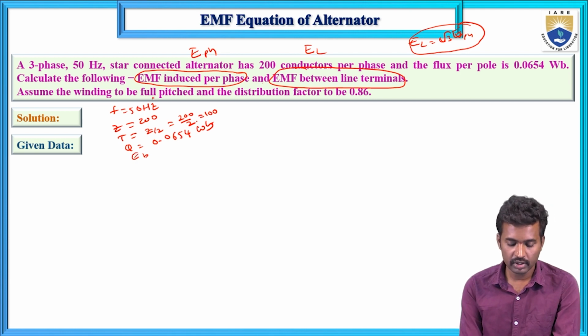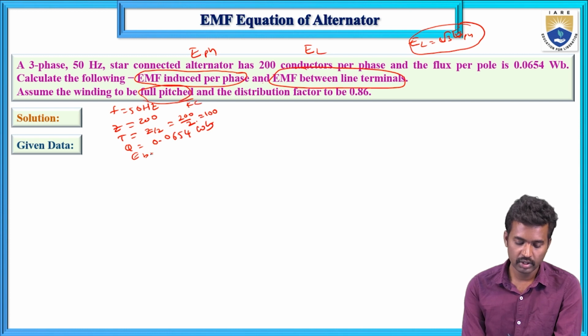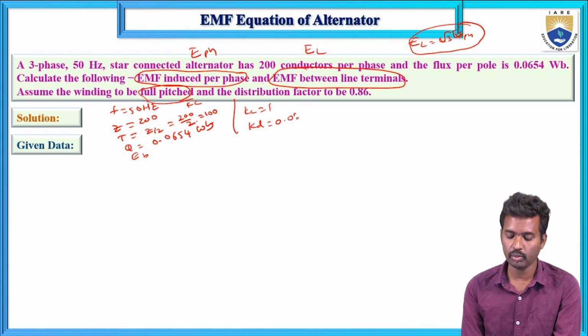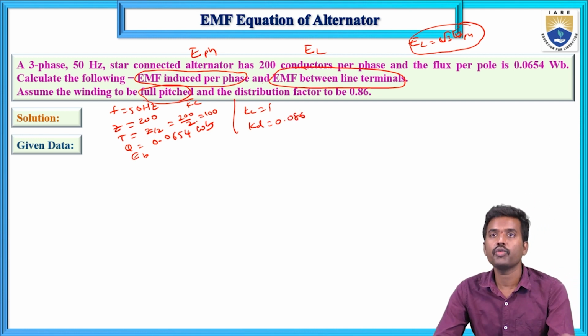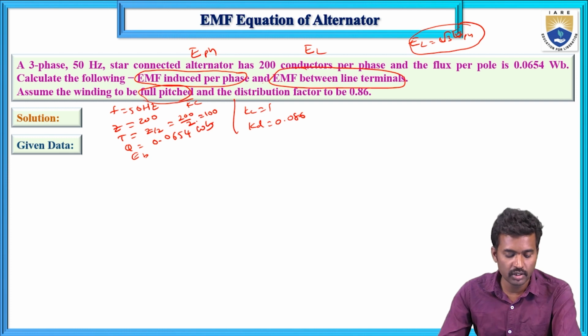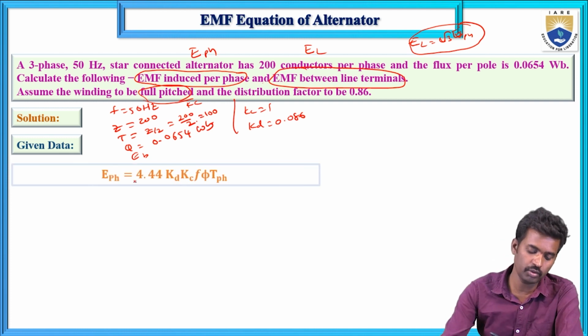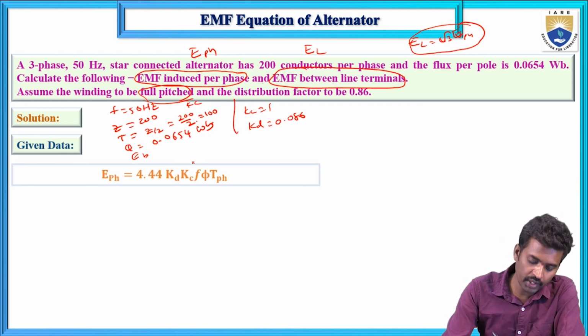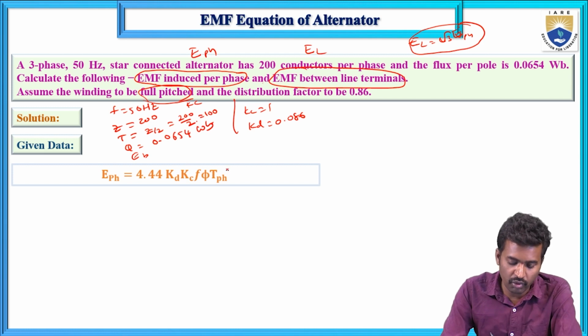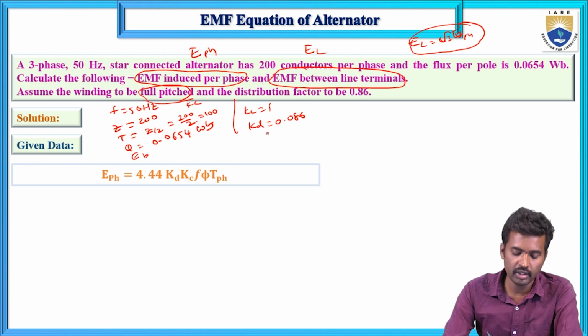It is full pitch, so Kc equals 1, and Kd, the distribution factor, equals 0.866. Now we have all the parameters in the EMF equation: E phase equals 4.44 Kd Kc F φ T phase.